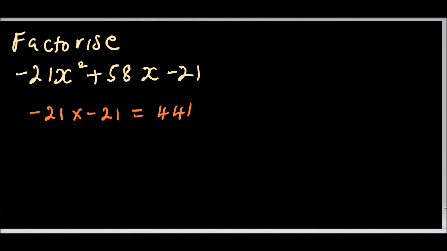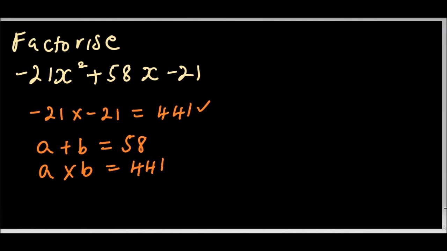Once you get that, we need two numbers, a plus b should be equal to 58, and a multiplied by b should give us 441.